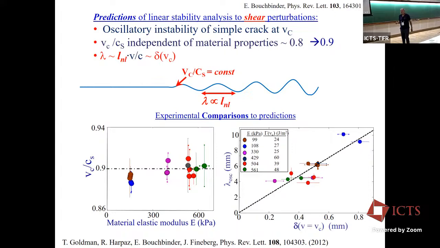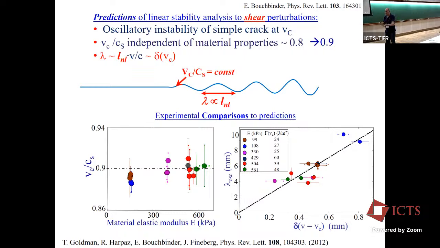Is it possible to predict how the amplitude of the oscillations grows with time? This is one that we never did. We measured it, but the measurements were not, we couldn't get a function out of it.